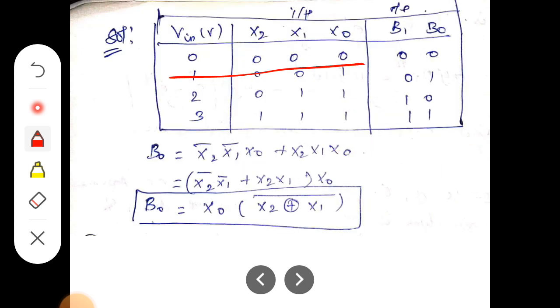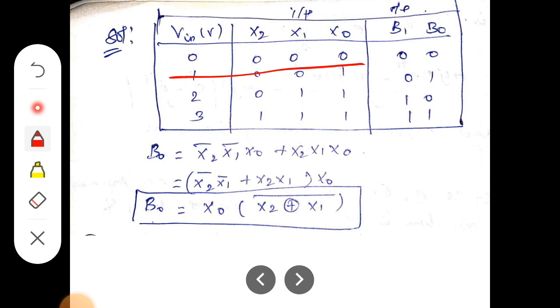We generally write 0 1 2 3 for the 3 variables as 0 0 0, then 0 0 1, 0 1 0, 0 1 1, and so on, up to 1 1 1. For this function we take the terms where we want the function, and those terms will be calculated.